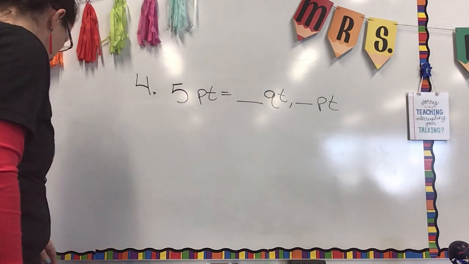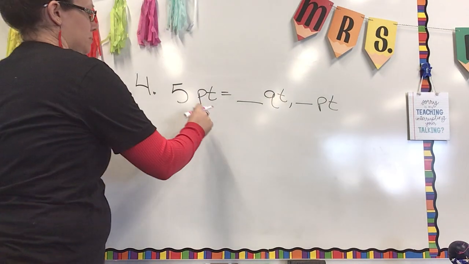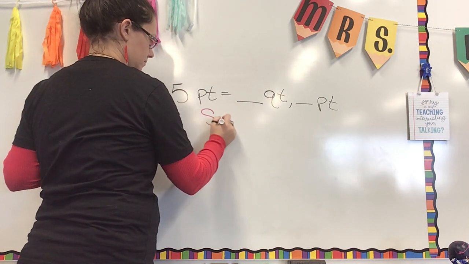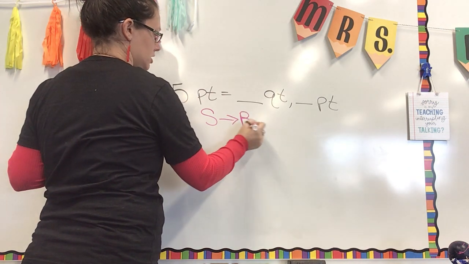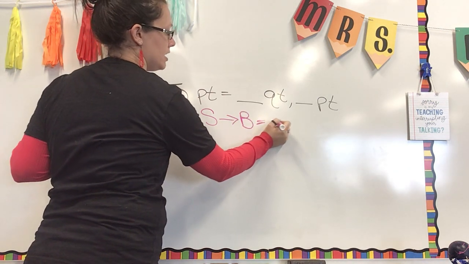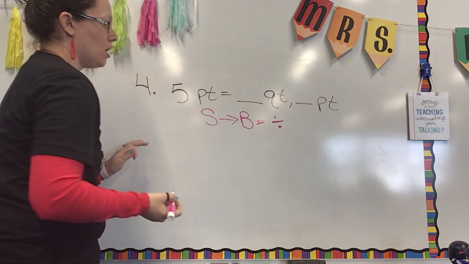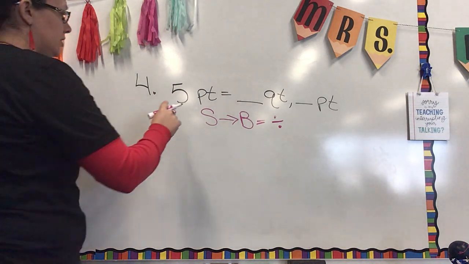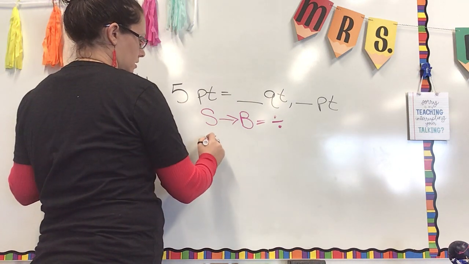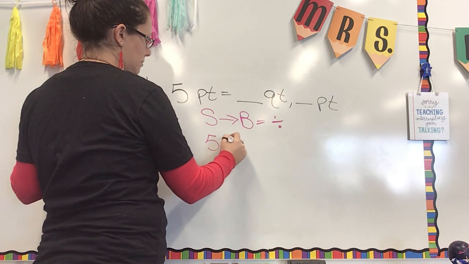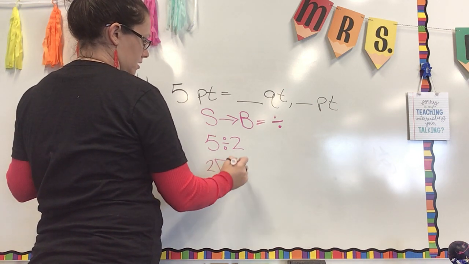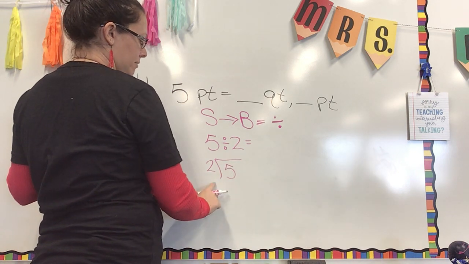Well, first off, turning these pints to quarts, am I going big to small or small to big? Small to big. And when I go small to big, I do what kind of computation? I'm doing division. Well, how many pints were in a quart? Did it tell me on the chart? Alyssa? 2. So what do I do with this 5? 5 divided by 2. That's not going to give me an even answer. What is 5 divided by 2?